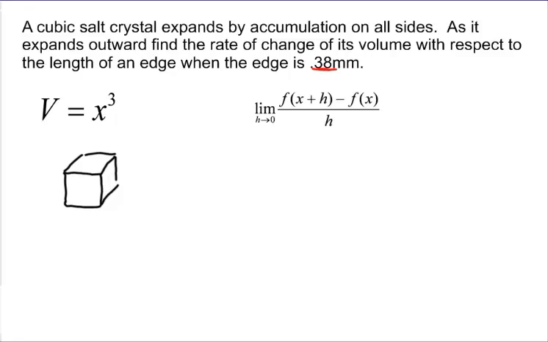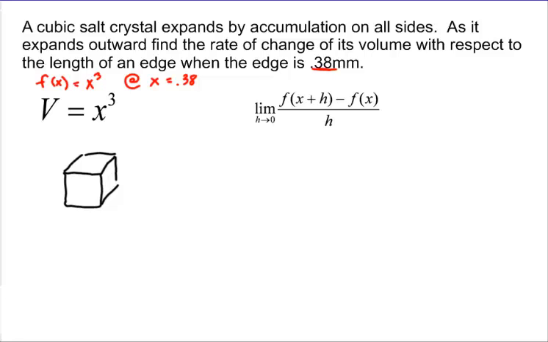To do that, we just need to find the limit as the length of the side is equal to 0.38 millimeters. We're going to use this: this is my f. Think f of x equals x cubed, at x equals 0.38. Then when you've got this set up, we can come back over here.